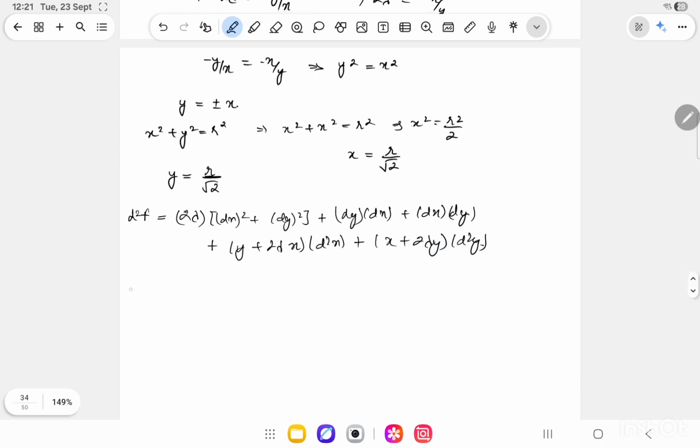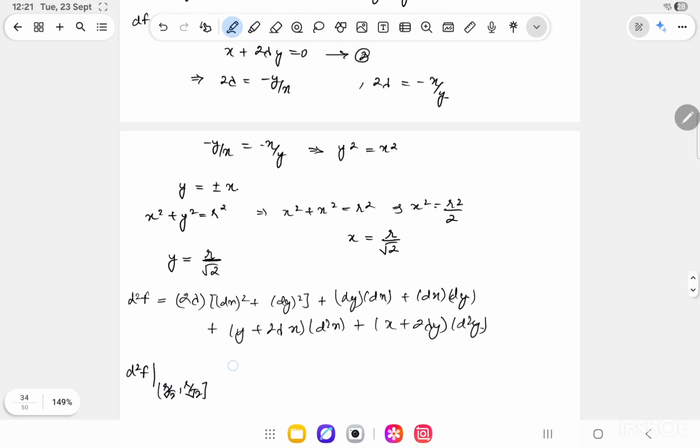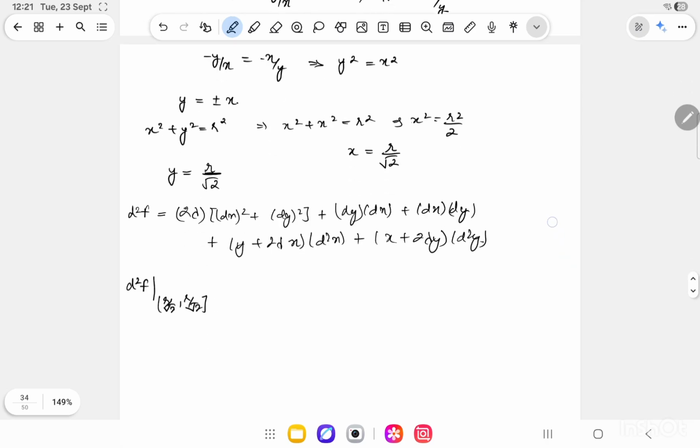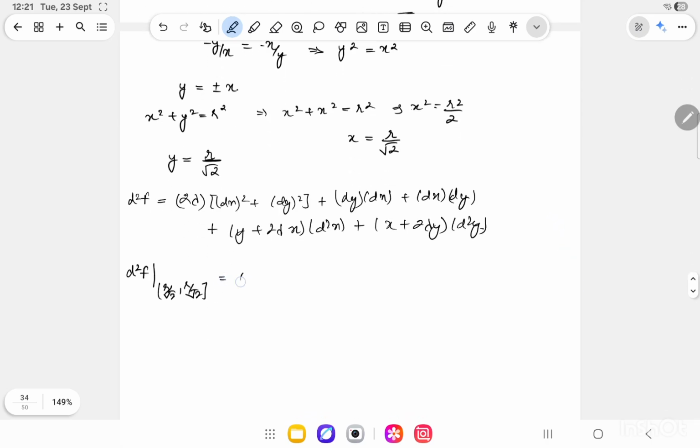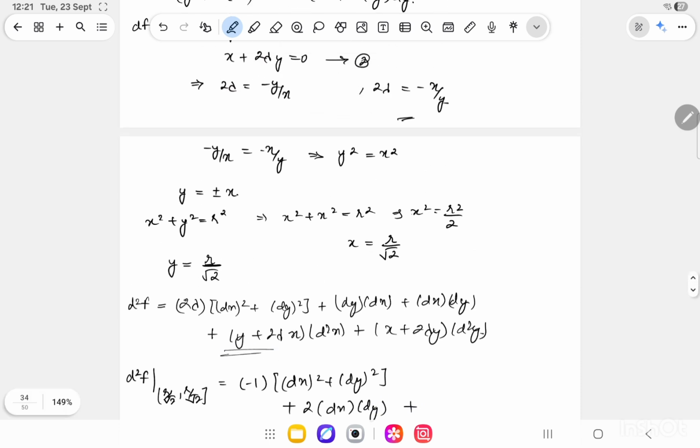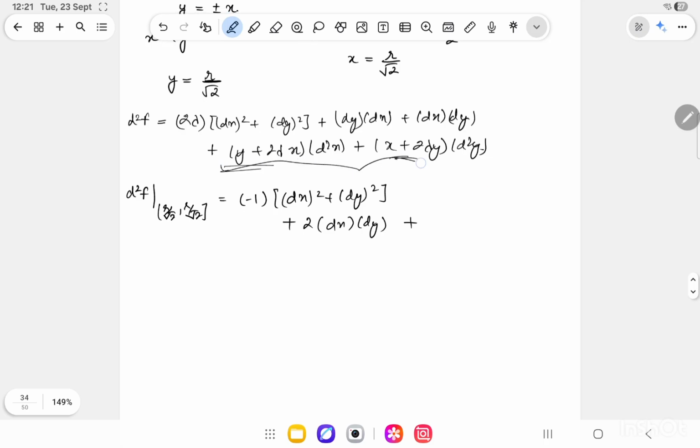Now we are supposed to check this for d square F at (r by root 2, r by root 2), and lambda is from here, my 2 lambda is minus 1. So it will be minus 1 into (dx square plus dy square) plus 2 times dx into dy, plus this term which is 0 from equation 1 and this term which is 0 from equation 2, so we got rid of these two terms.